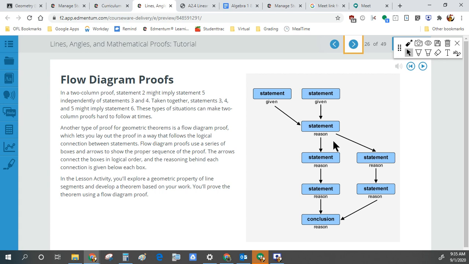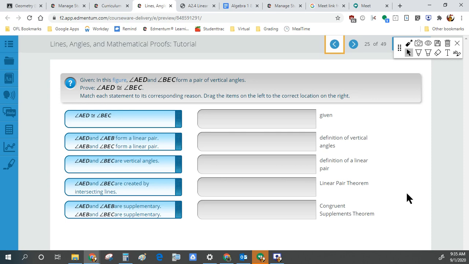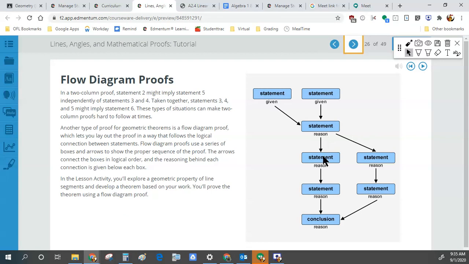There's flow diagram proofs also. I'm not a fan of this. The reason being is I don't really see the point because, for example, in this case, they're just proving two facts at the same time when they're doing their two column proofs. They're like, oh, both of these have the same reason. So when they do this split off, to me it's kind of weird, but it's the same idea. You give a statement, you give your reason in the bottom.